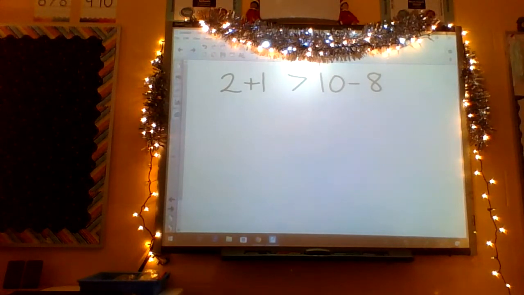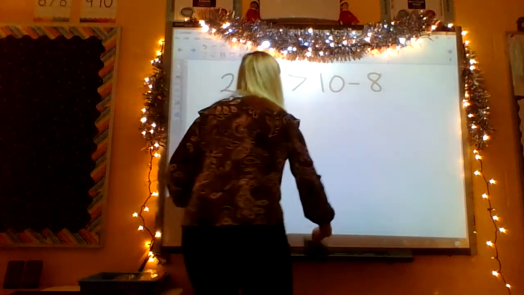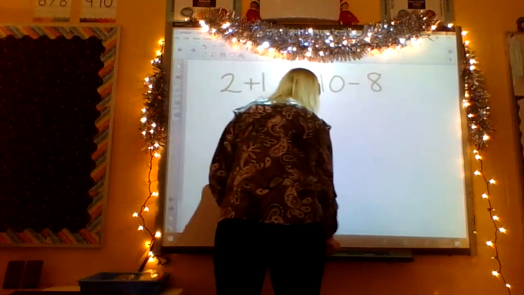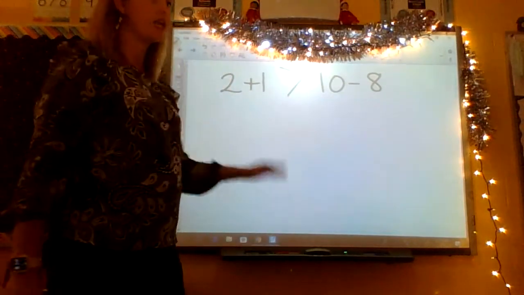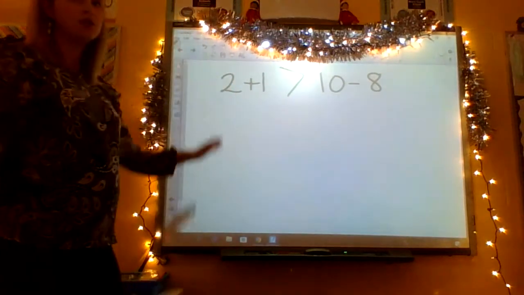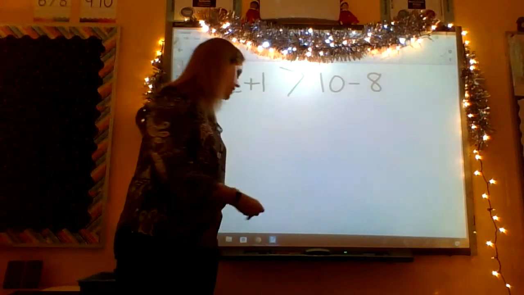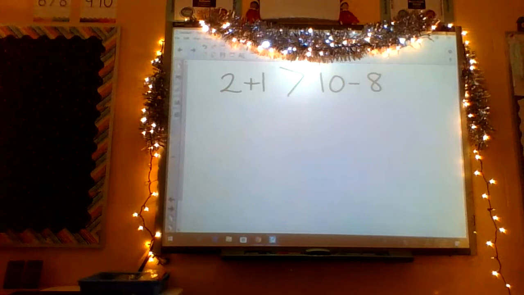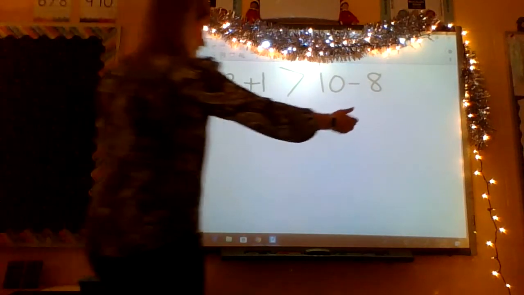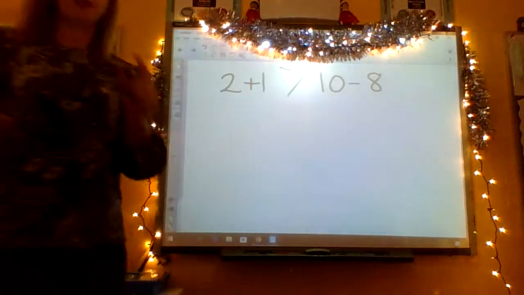You write out this equation. 2 plus 1 is greater than 10 minus 8. You just write that whole number sentence on your page. And make sure it fits in a line. So don't write too big.